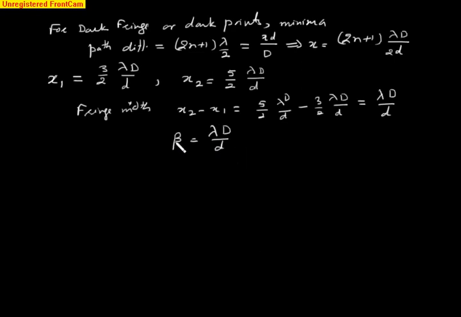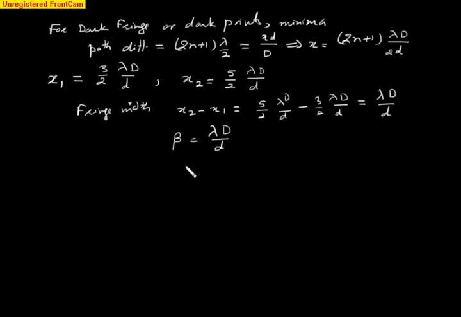So therefore we have to see one more point here which is very important: beta, or the separation, does not depend upon the order of the maximum. It does not depend on whether the bright point is first, second or third.